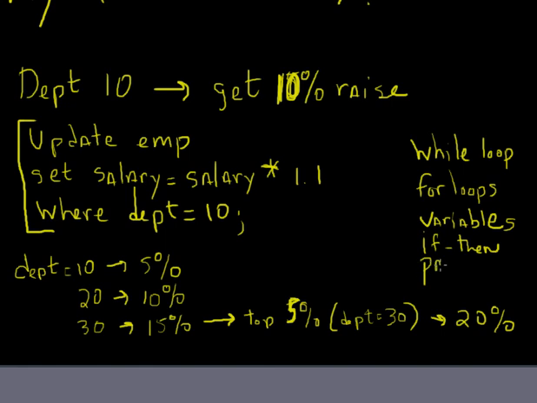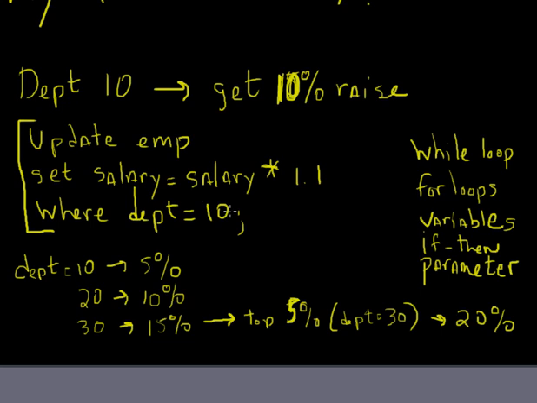Another thing is something called a parameter. I don't have the ability to pass in a parameter. I can use a bind variable as part of my SQL statement here, but I don't have the ability to pass in any kind of parameters to say, okay, maybe I just want to do this for a particular department. I don't want to hard code a 10 here or a 20 or something like that.